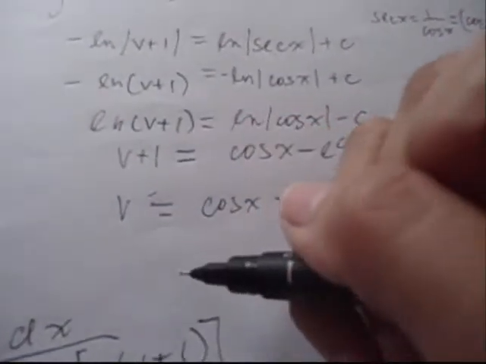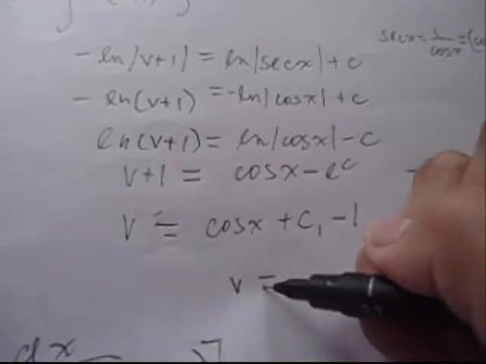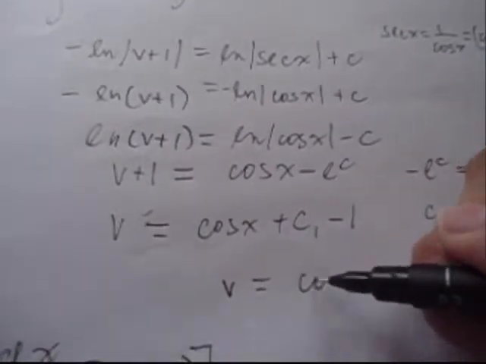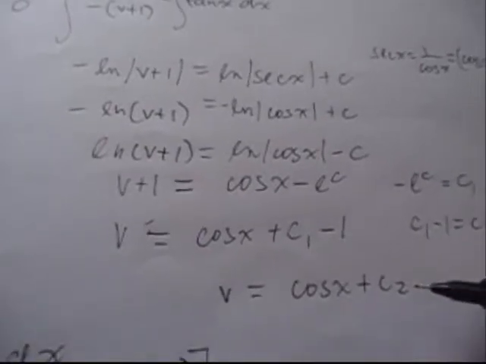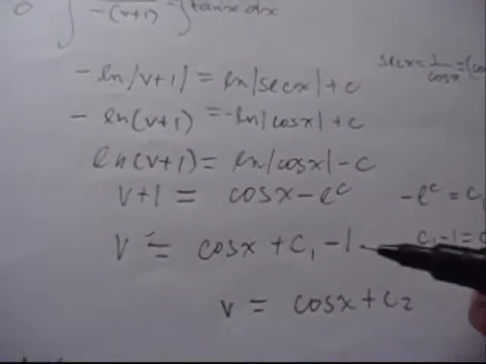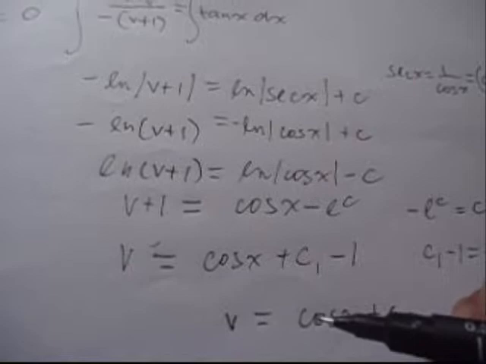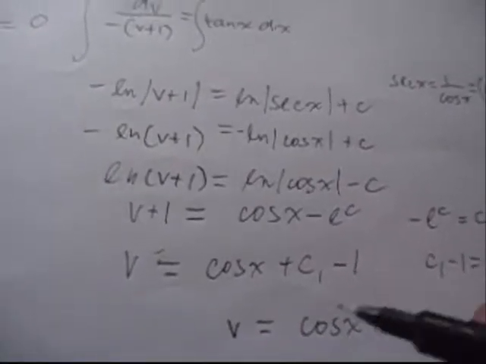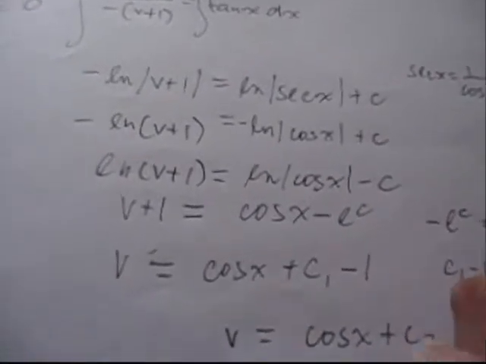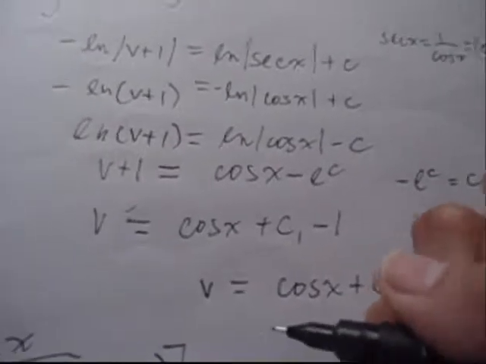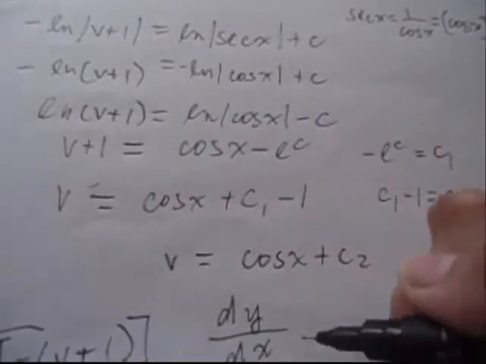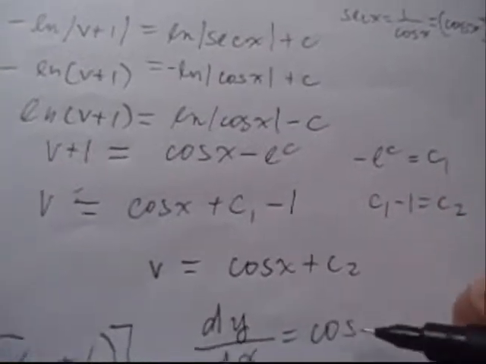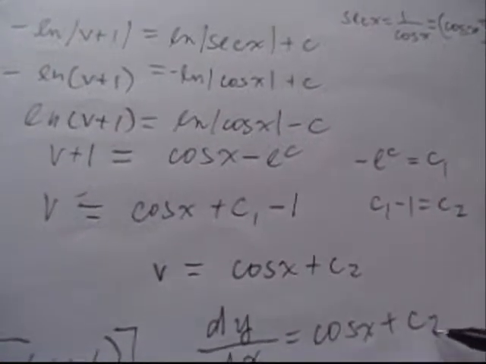So we have v is equal to cosine x plus c2. Then substituting the value of v, which is our y prime or dy over dx, we have dy over dx is equal to cosine x plus c2.